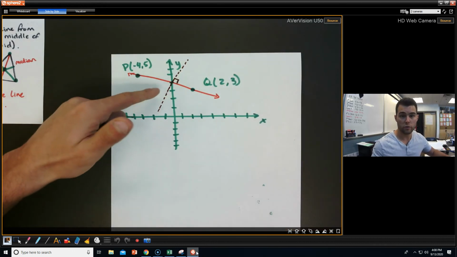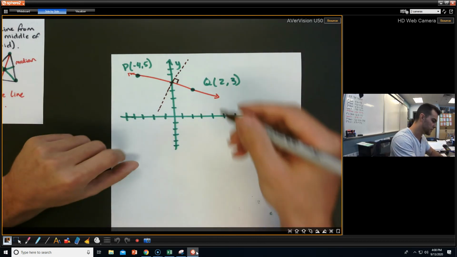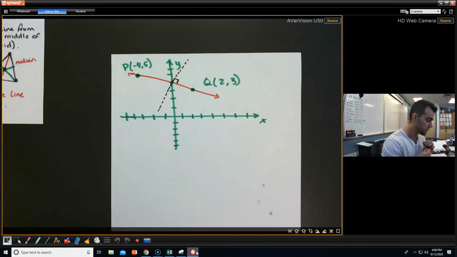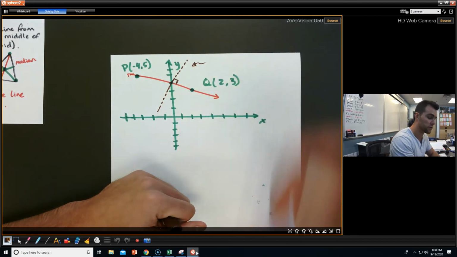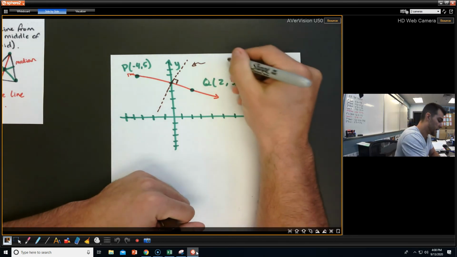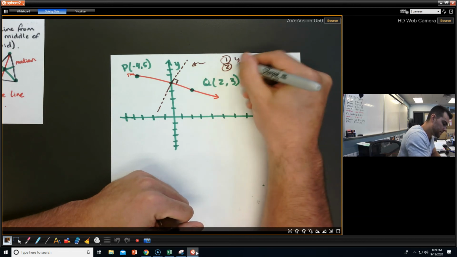I don't know if it's through that point, I don't know if that's the midpoint. I'm just getting an idea of what this is going to look like. So the first thing we've got to do, if we want to find the equation of this line, there are two things we need. Again, we need the y-intercept, and we need the slope.